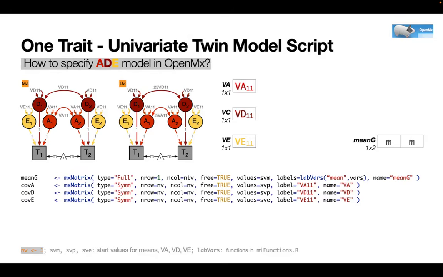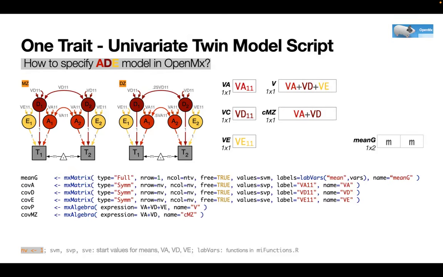We can then use an MxAlgebra statement to generate the expected variance as the sum of the three variance components. So we do this with an algebra statement below. Similarly, for the MZ and the DZ covariance, we can specify those using MxAlgebra as the sum of either VA plus VD for the MZ covariance, or a half VA and a quarter VD for the dominance variance.